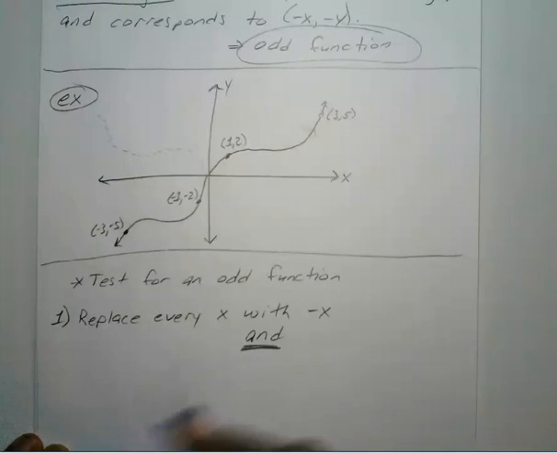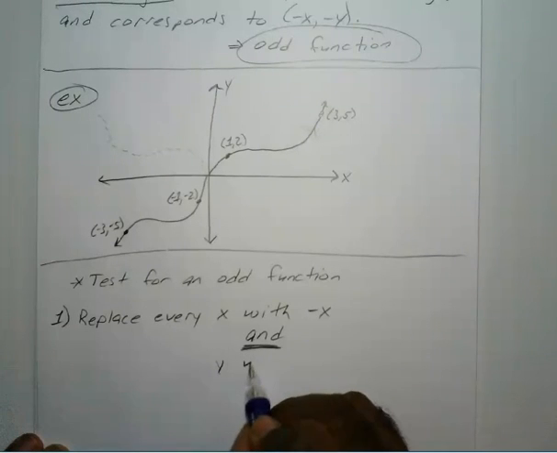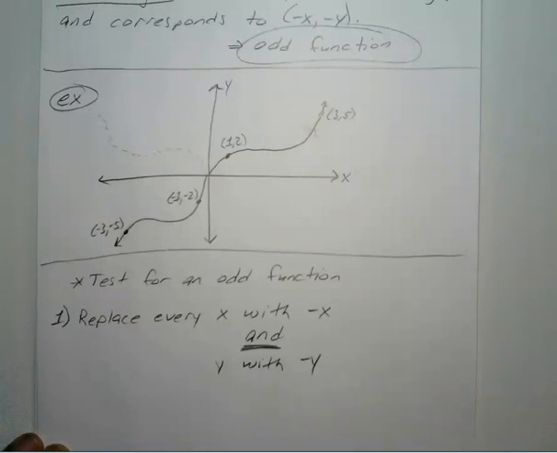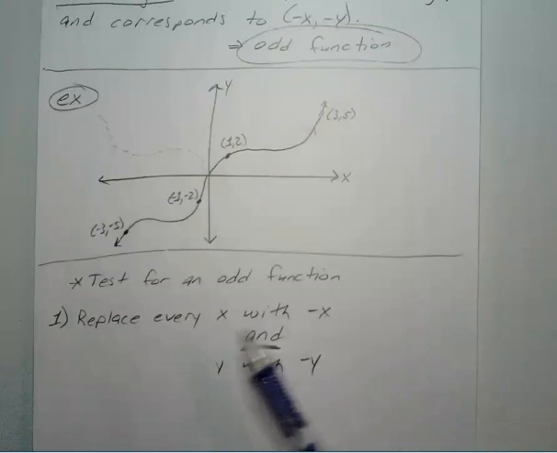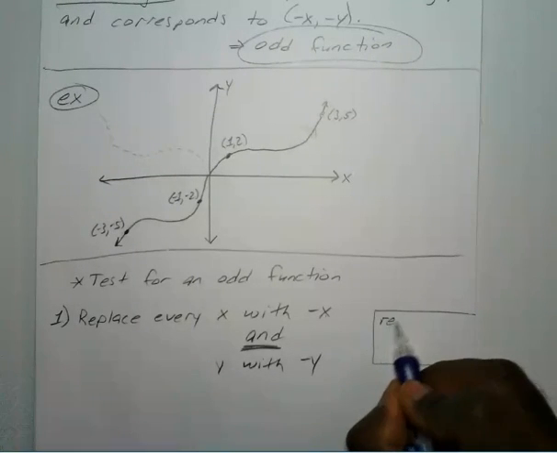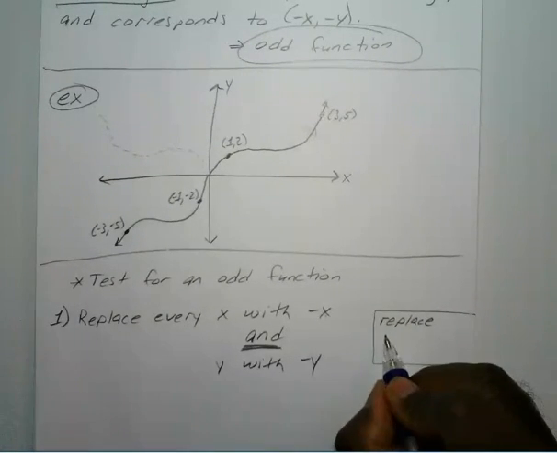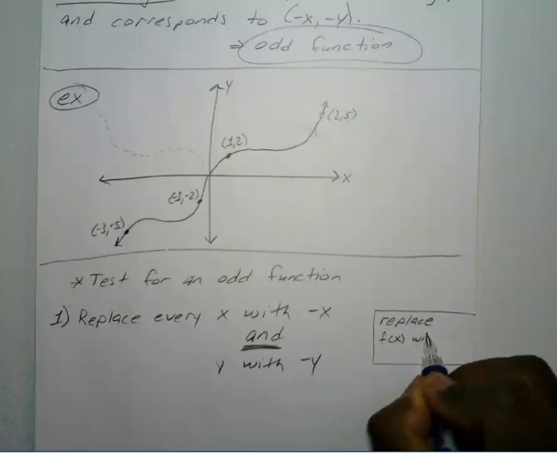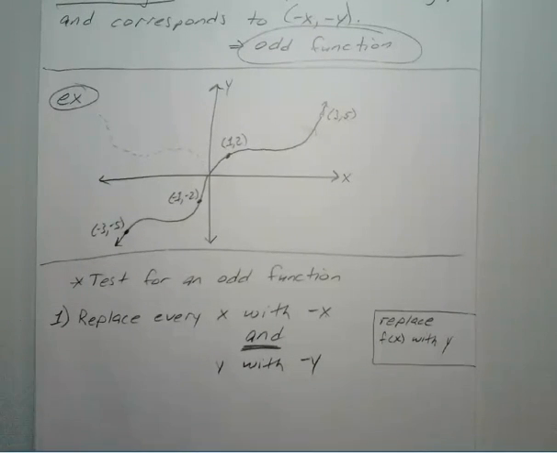You have to do y with a -y as well. With this one, you have to do both. Where just for an even test, you replace x with -x. But for an odd test, you have to replace x with -x and y with -y. Just remember, you replace f of x with y.